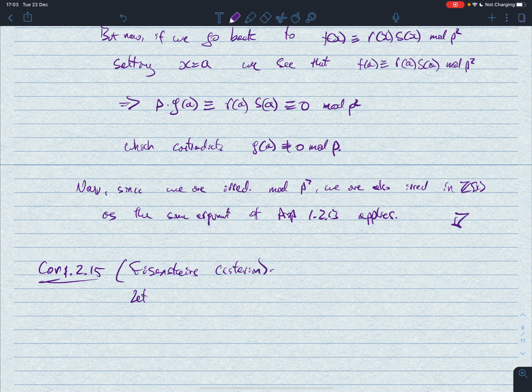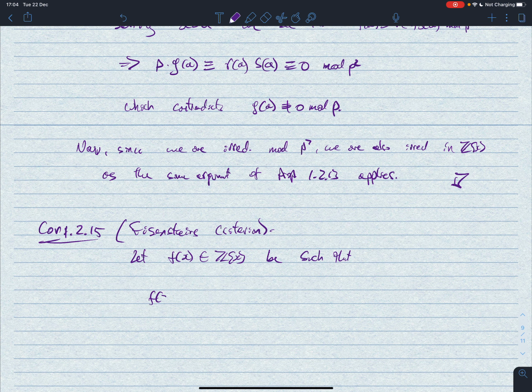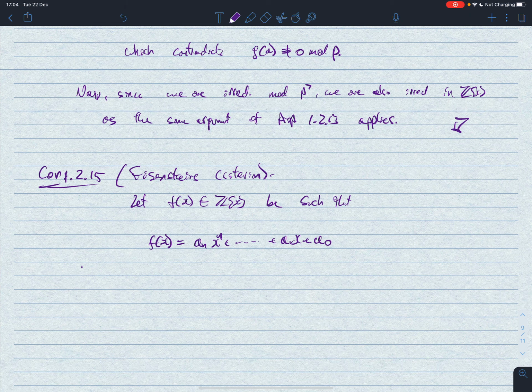So let's take some polynomial. Let f of x in Z[x] be such that f of x looks like the following: a_n x^n plus ... plus a_1 x plus a_0.